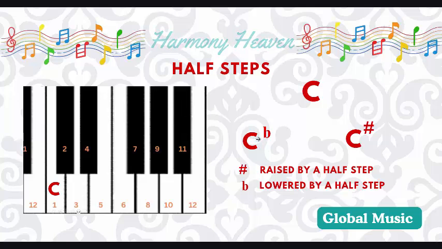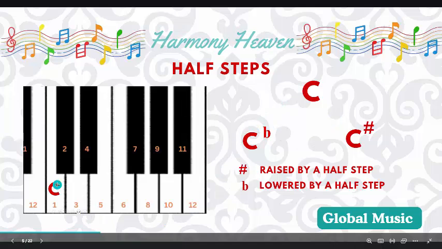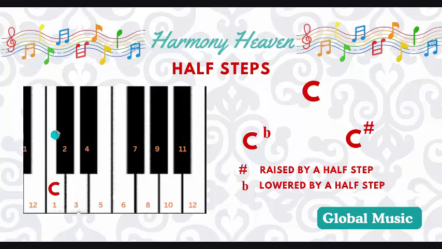So if I ask you, where do you find C sharp on the keyboard? You just simply go and find C and a half step raised. The first black note is C sharp.